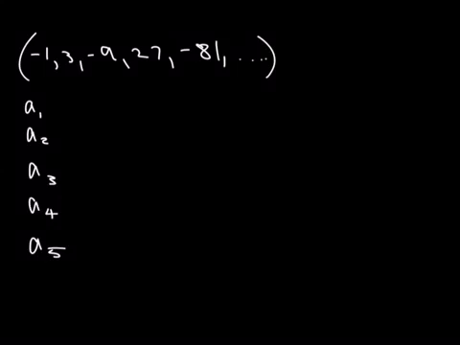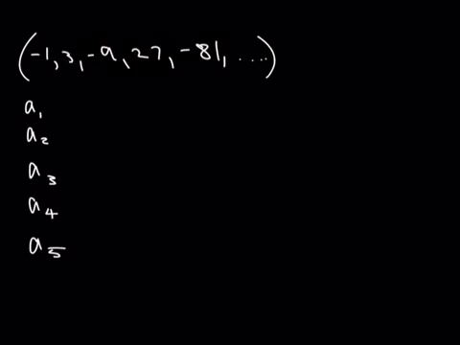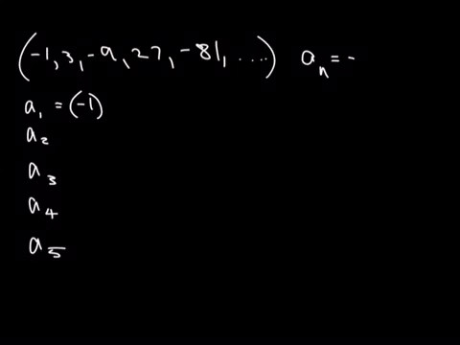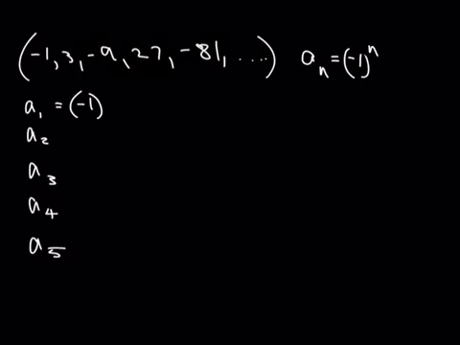One of the things I know is these alternate back and forth from positive to negative. So because of that, I know that I'm going to have a -1 to the nth power. So let's do A. This is my formula over here that I'm trying to develop. So I know it's going to be -1 to the nth power in order for me to have that alternating sequence. So that's part of it.